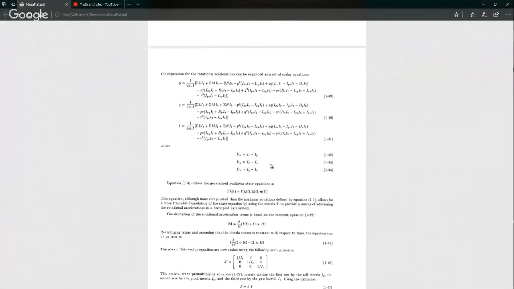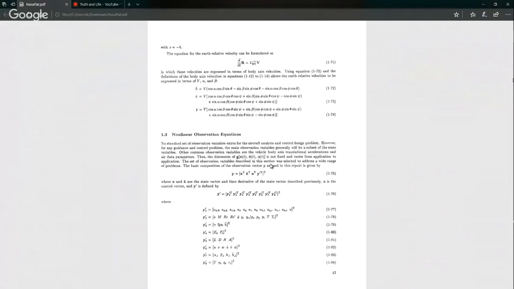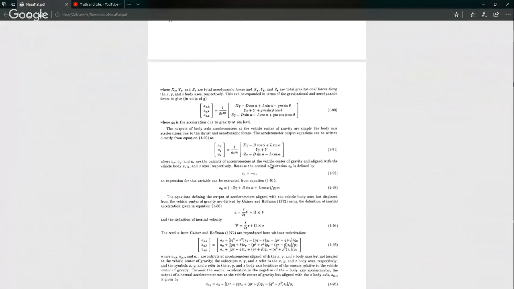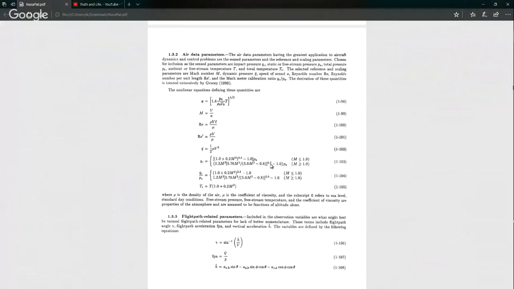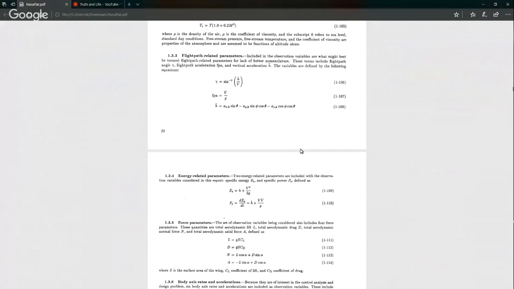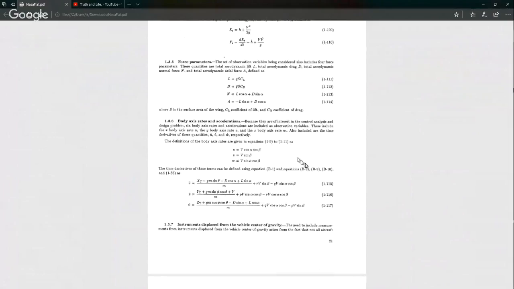Formulas, formulas, formulas. Well, we go on with all these calculations. Sometimes I scroll a little bit slower. They talk about the air data parameters. They talk about everything necessary to get that airplane into the air.